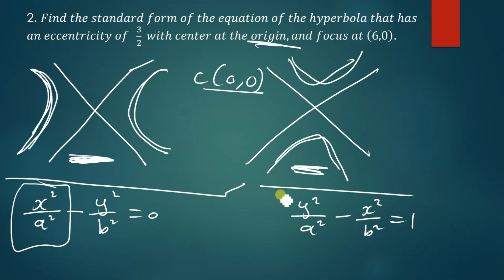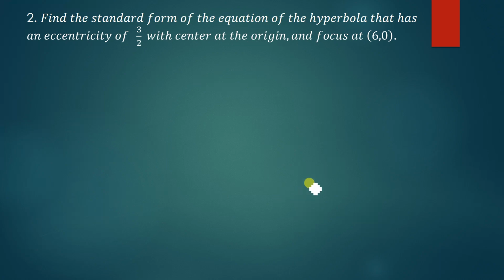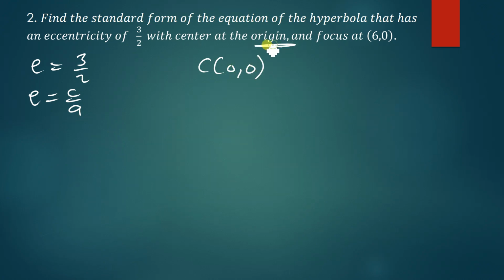Alright, so let's quickly discuss this one. We have this, and it has been given that the eccentricity is 3 over 2. We know that eccentricity is given by c over a. They are telling us the center is 0, 0, at the origin, and the focus is 6, 0.